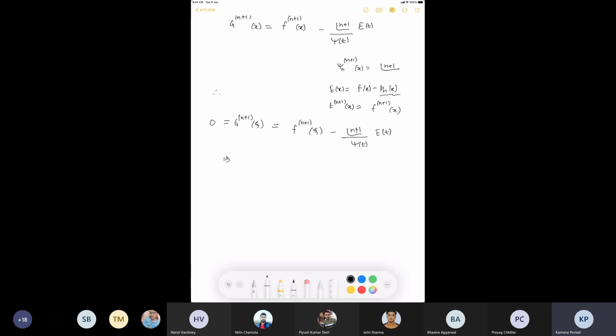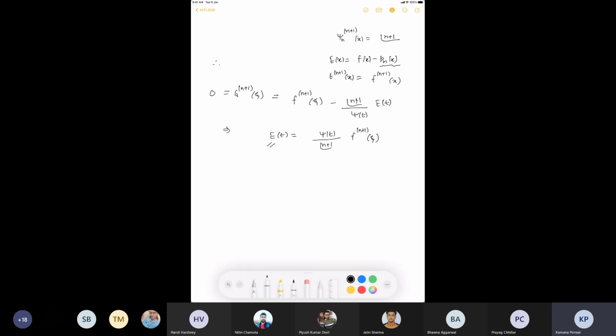So this will imply that Et is psi t divided by factorial n plus 1 into the n plus 1th derivative of f evaluated at xi. And this is nothing but ft minus Pn t, right? So this is what we wanted to prove. And psi t is (t minus x0)(t minus x1) up to (t minus xn).